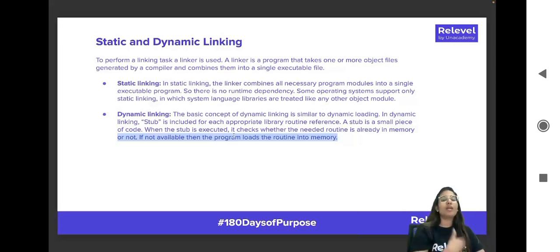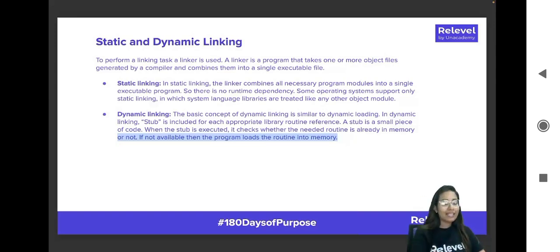And when you try to run the program, the first thing that gets executed is the stub. Then while you're executing the program, the stub keeps checking whether a program module you need is really present or not. If it is not present, it will load it into the memory. So at runtime, you are taking care of the program modules required for your program.